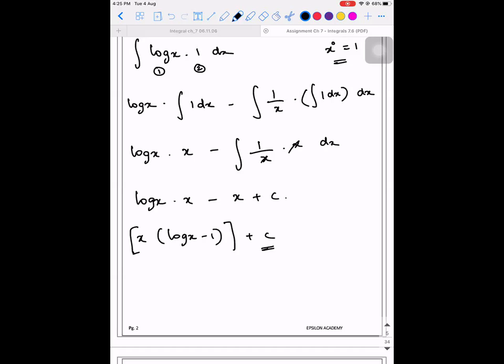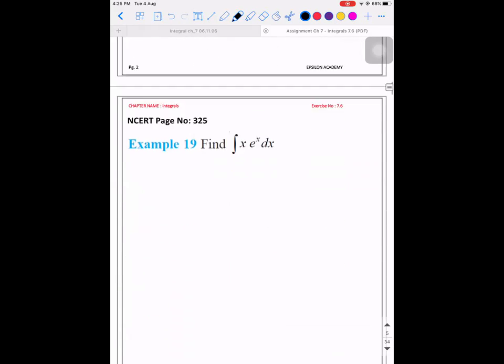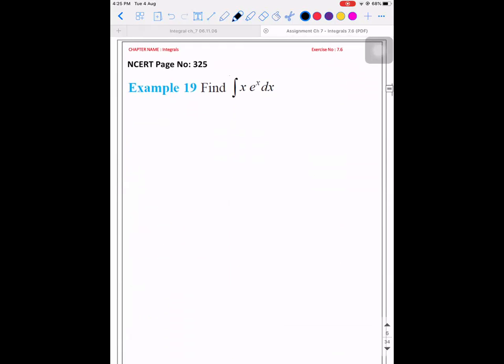Shall we move on to the next one? Yes, sir. So the next one is integral of x into e power x. Again, highlight. x stands for algebraic, e power x exponential. So this is first, second. Tell me the formula.